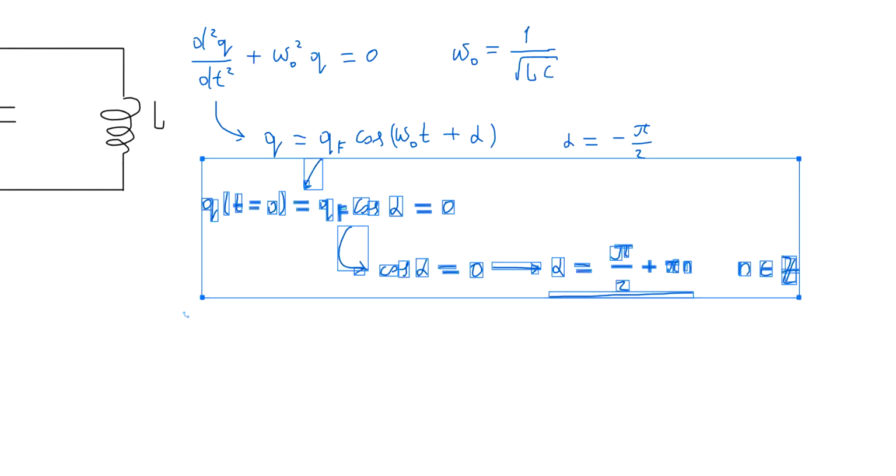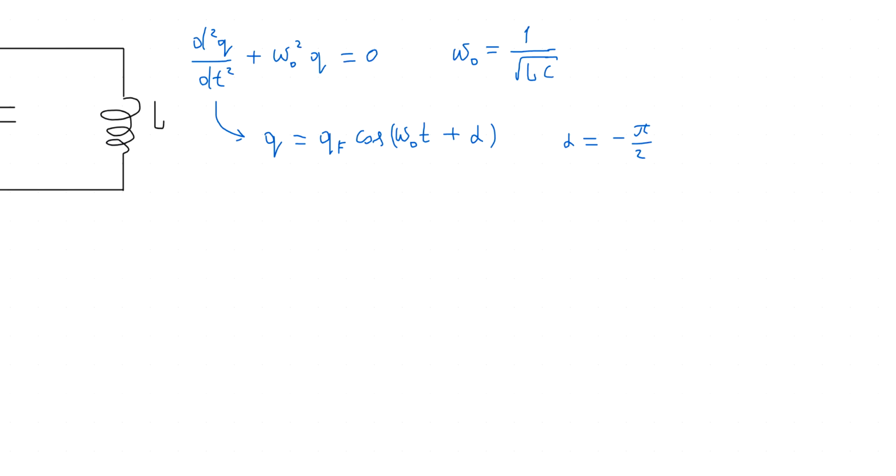So we have that Q is equal to QF cosine of omega 0 t minus pi divided by 2.